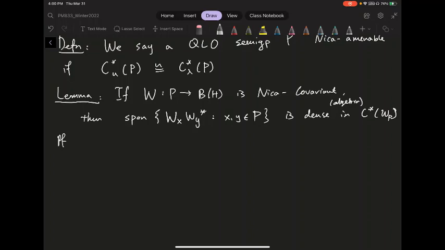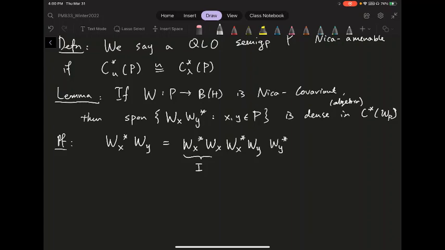The idea is really simple. If you have something like W_x star and then W of y, you can always move the adjoint to the other side. First, let's use the fact that W is isometric. So I have W_x star W_x, then my W_x star W_y, and by isometry that is identity.